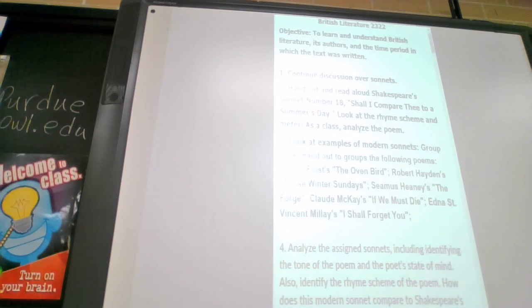Anyway, those are supposed to rhyme, according to Shakespeare. And then our couplet: so long as men can breathe or eyes can see, so long lives this, and this gives life to thee. So we have see and thee rhyming. So he stayed true to his rhyme scheme.